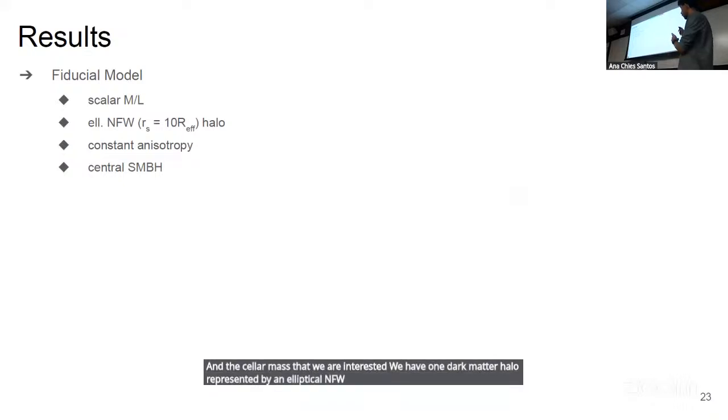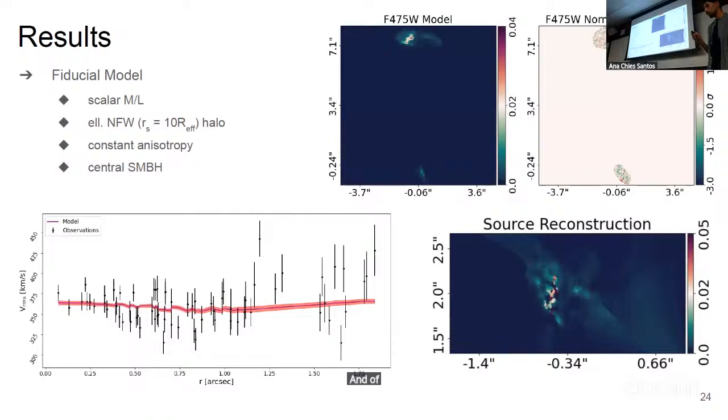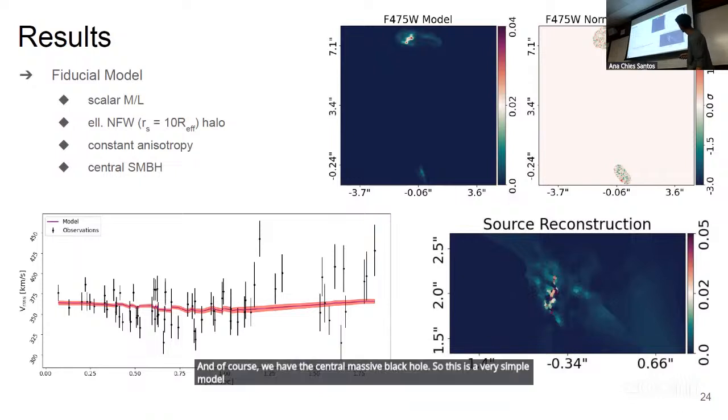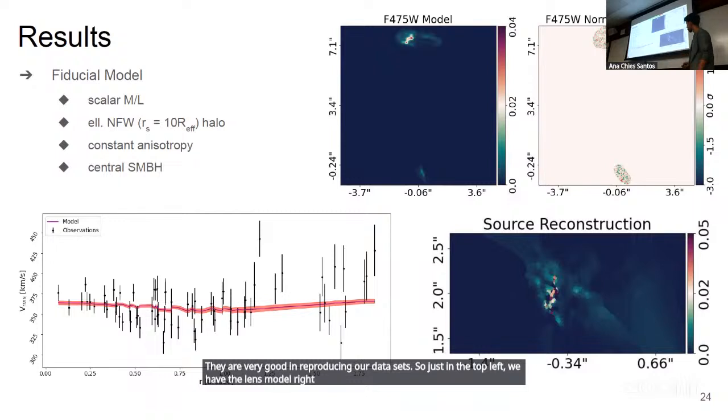So this is a very simple model, but as you can see here in the results, it is very good in reproducing our data sets. In the top left, we have the lens model right here and the normalized residuals. This seems pretty okay. And this bottom panel here shows the reconstructed source at redshift 2.